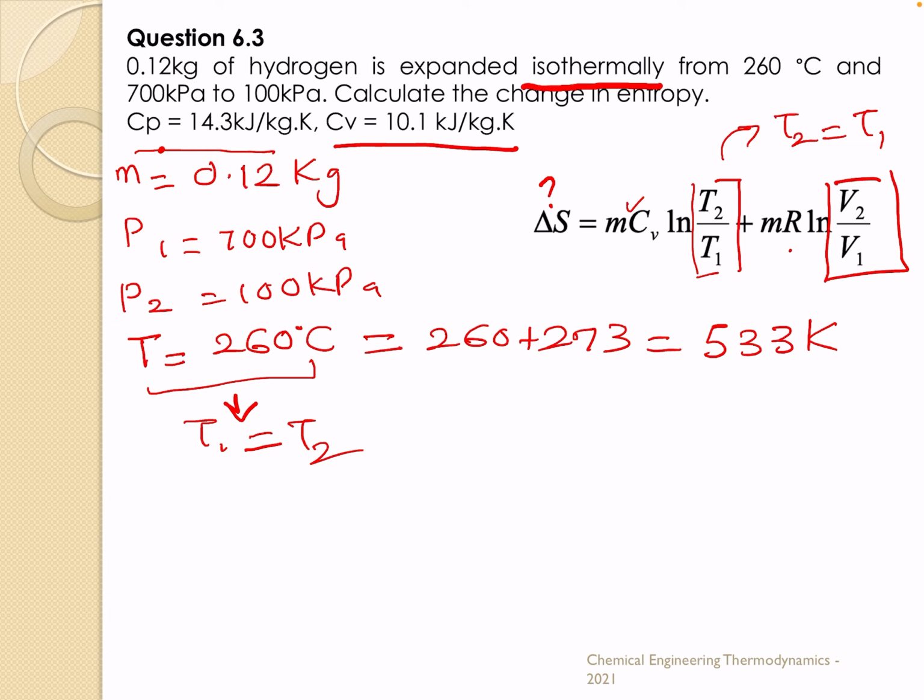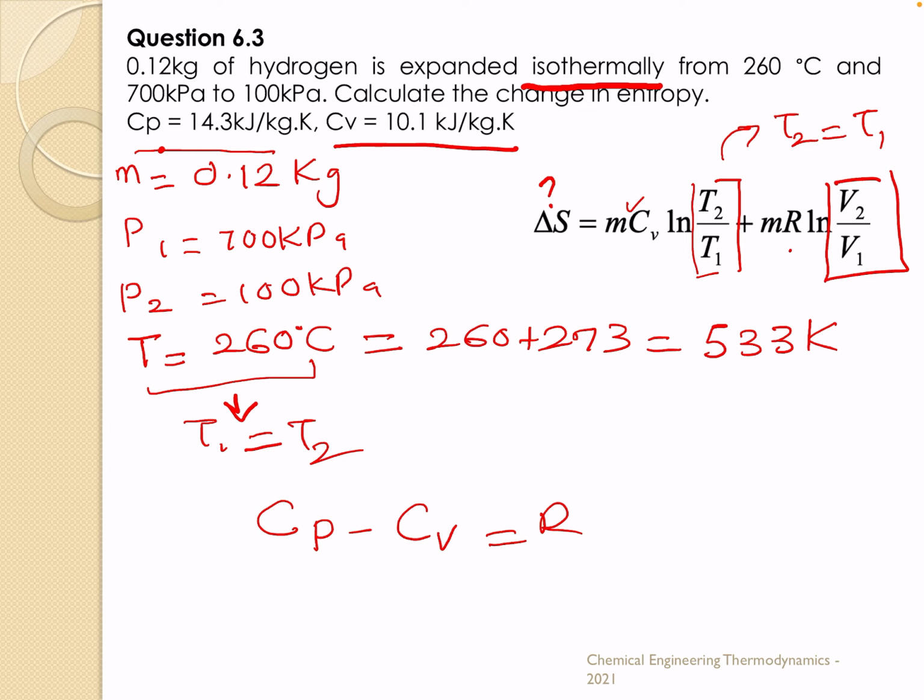So that's why we were given CP and CV. Remember, from previous classes, we've shown that CP minus CV equals R. That's why we need these two values.